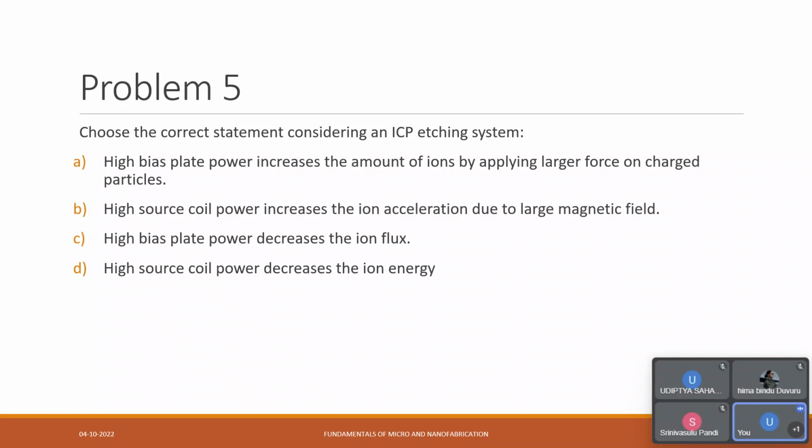ICP means inductively coupled plasma etching system. In the last question we were having a DC or RF kind of generation system, but here we will have an inductor that helps in generating this plasma.